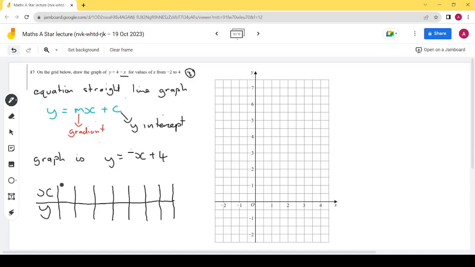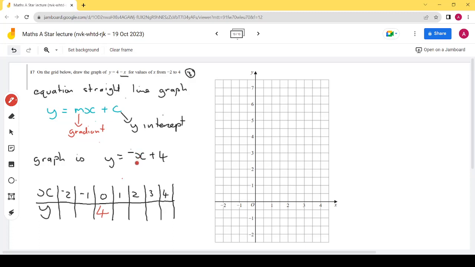We've got the values of x: minus 2, minus 1, 0, 1, 2, 3, 4. Remember c means the y-intercept, so that's what y equals when x equals 0. So we can just put a 4 there.